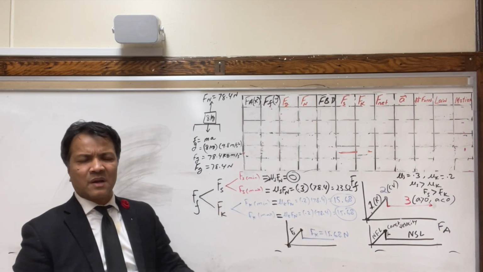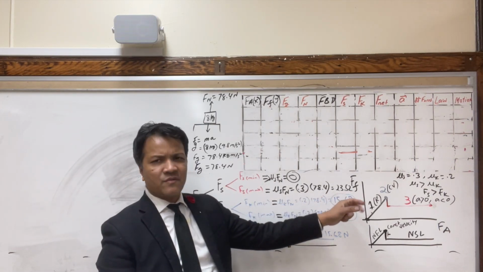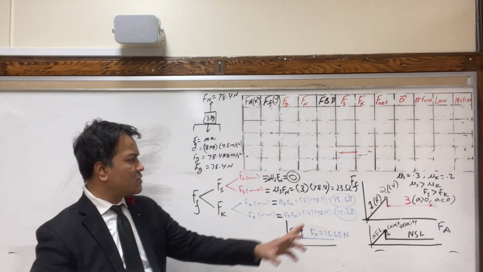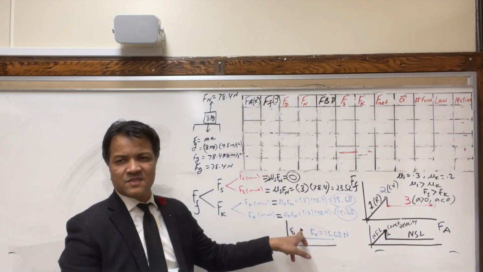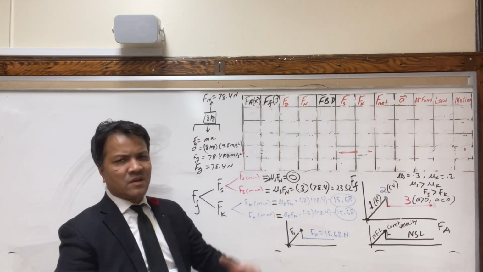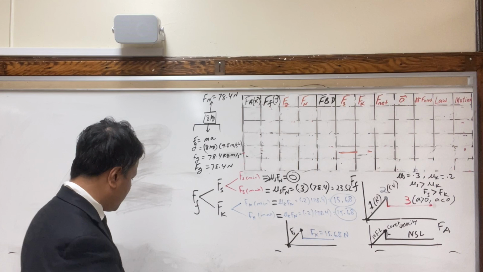Any force you apply less than 23.52, this object is at rest. If you apply 23.52, this object is at constant motion. With this understanding now, let's complete the table.